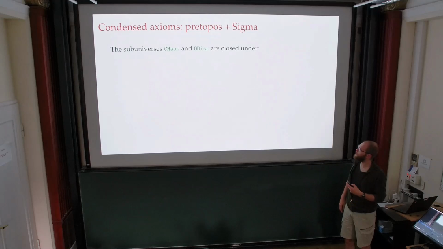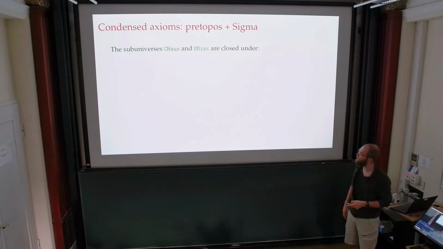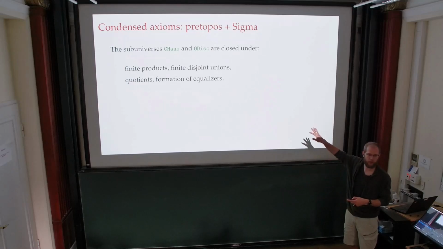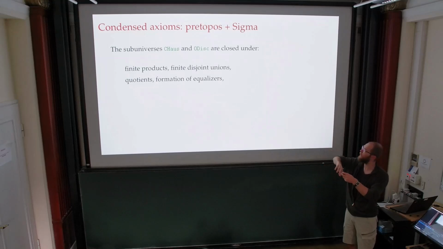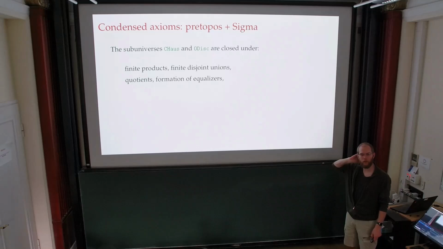So these two subuniverses, CHaus and ODisc, are closed under a whole bunch of constructions: finite products, finite disjoint unions, quotients, and formation of equalizers and coequalizers.